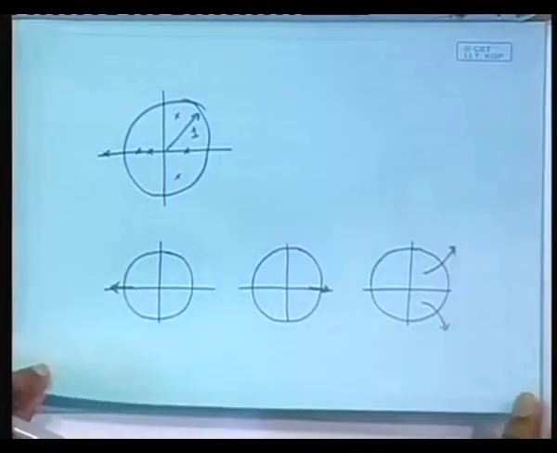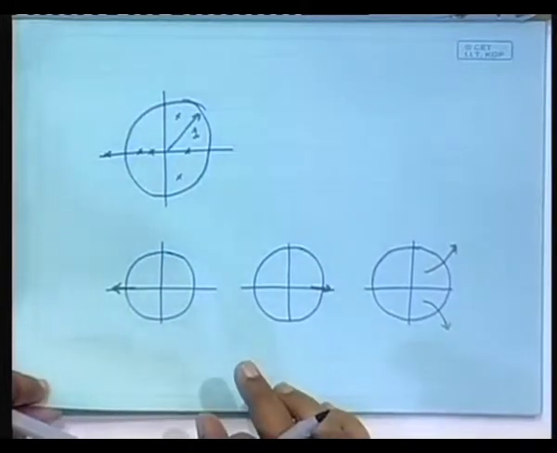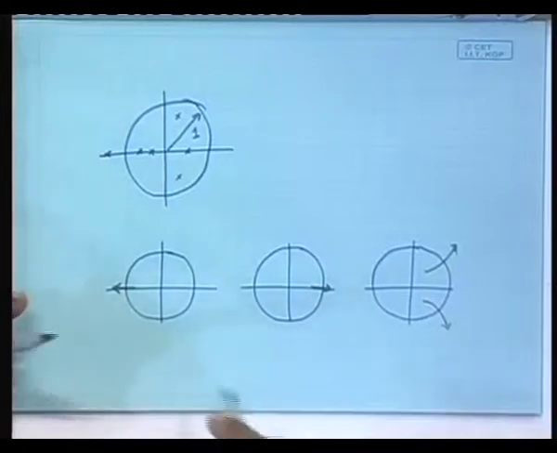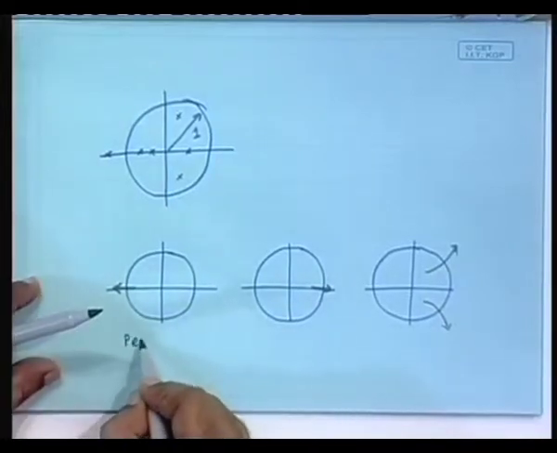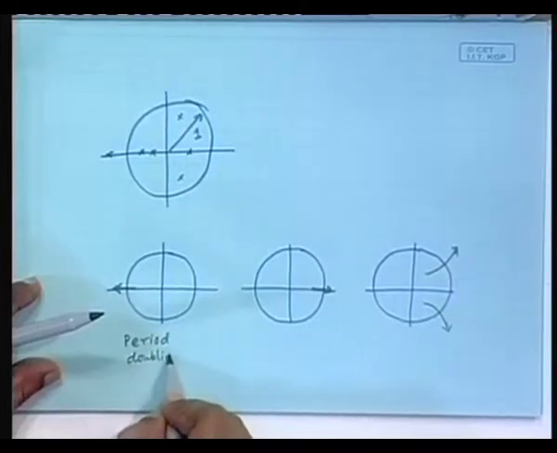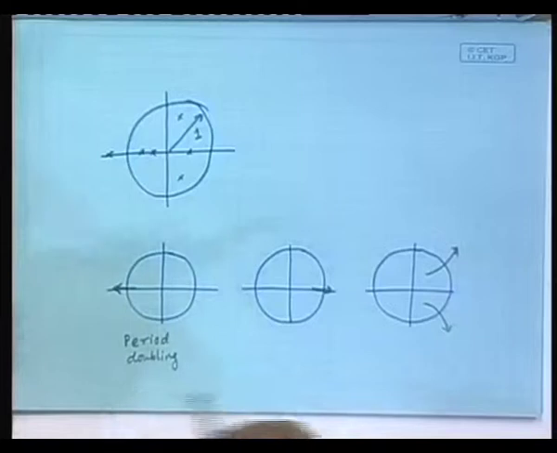Now, let us try to understand each of these. Let me write down the name, because here we understood that this should be the period doubling. We will prove, but yes, it is actually period doubling.